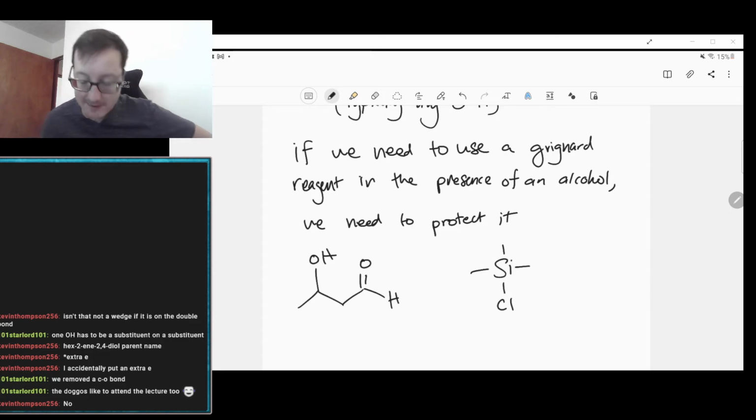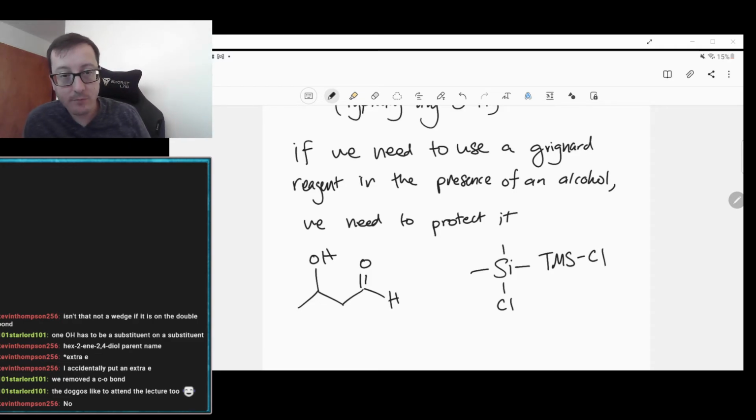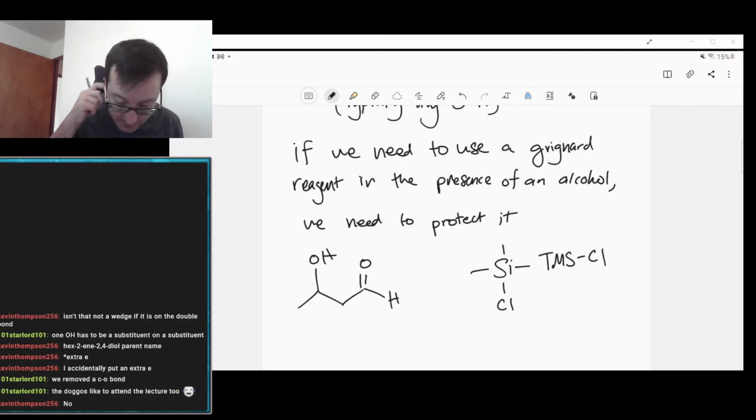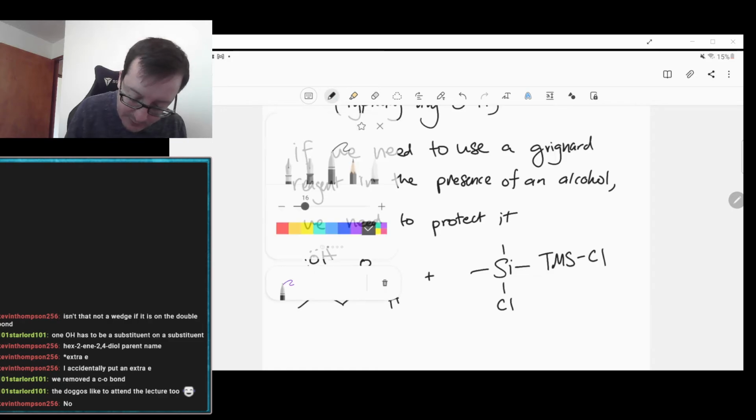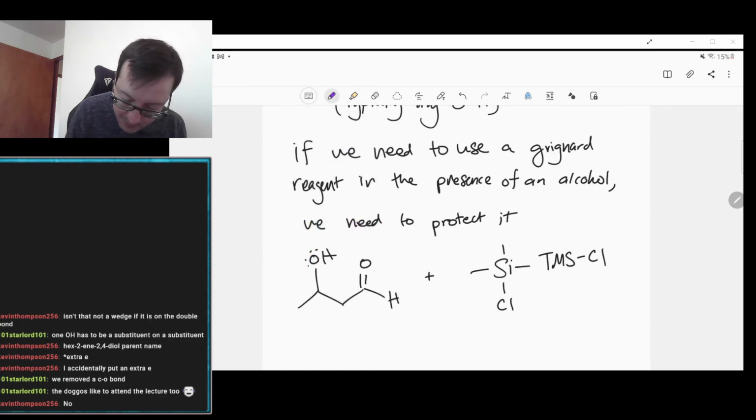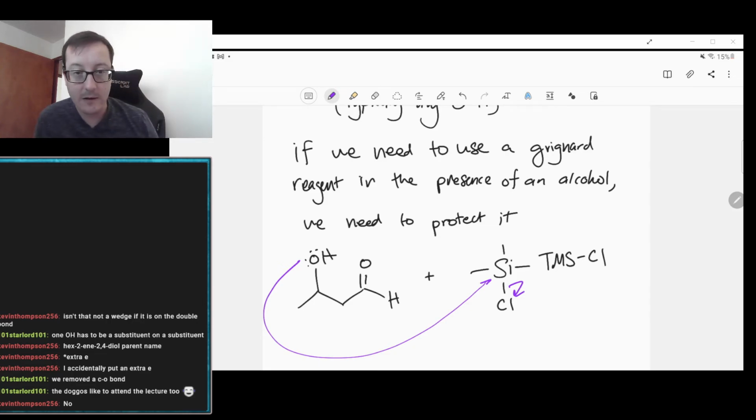This is TMSCl, trimethylsilyl chloride. It will act as a protecting group for us because if this encounters an alcohol, the alcohol is going to attack it. We're going to have a nucleophile attack an electrophile, which kicks out a leaving group.